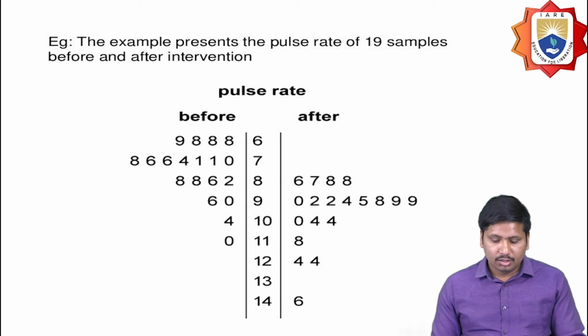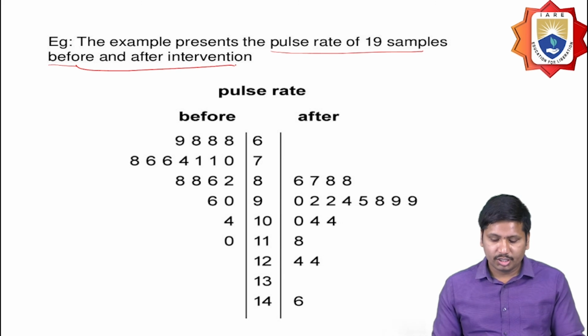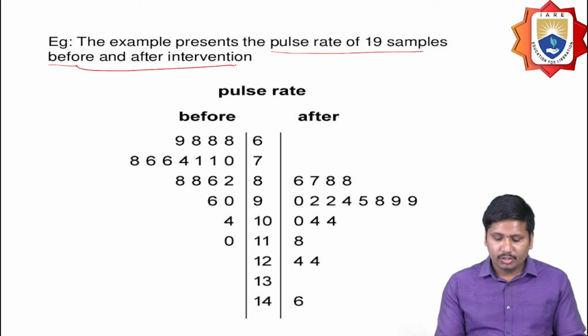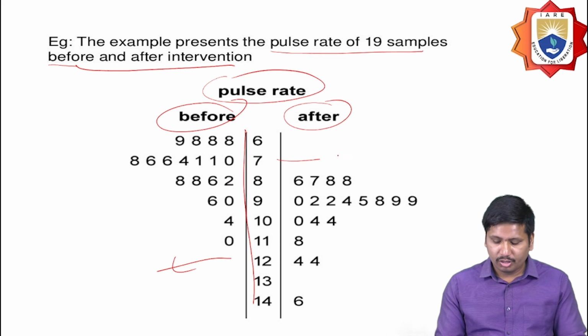So see this. The example presents the pulse rate of 19 samples before and after intervention. So the pulse rate I'm going to calculate. What should be the before and what should be the after? In between, this should be the before values and this should be the after values. At the age of 6, what should be the pulse rate? 7, 8, 9, 10.